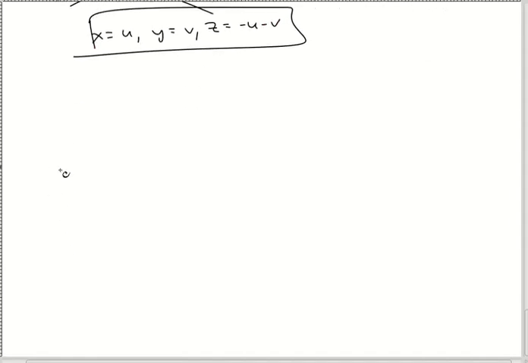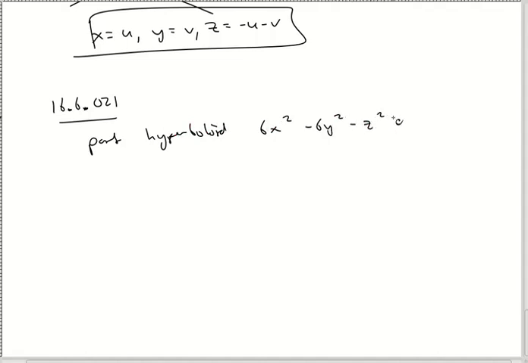Okay. Let's do this again. 16.6.021. So it says we have part of a hyperboloid, 6x squared minus 6y squared minus z squared is equal to 6, and it says that lies in front of the yz plane.